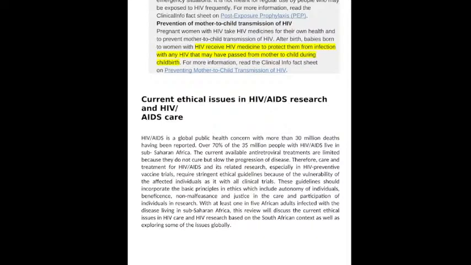Of course, you know that Sub-Saharan Africa has the highest proportion of individuals with HIV and AIDS, and the disease has progressed so much because of the various challenges that are there.